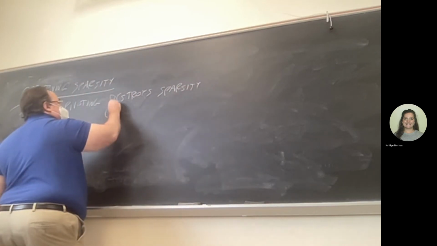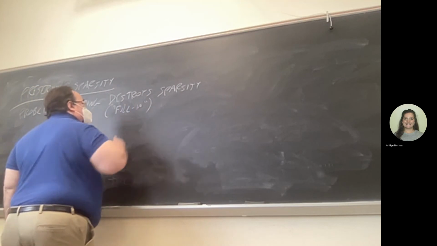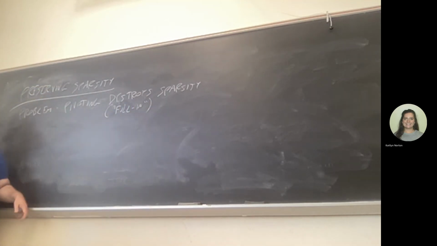And this is the troublesome phenomenon called fill-in, where new non-zero entries are introduced to the matrix as you perform row operations on it. So even if you have a matrix that is banded, if you start pivoting, then that wrecks the band. And then the sparsity goes with it.